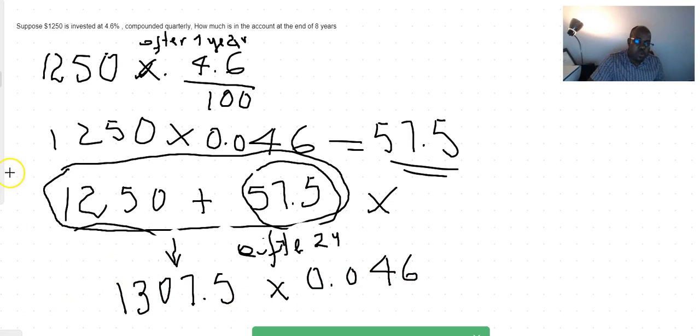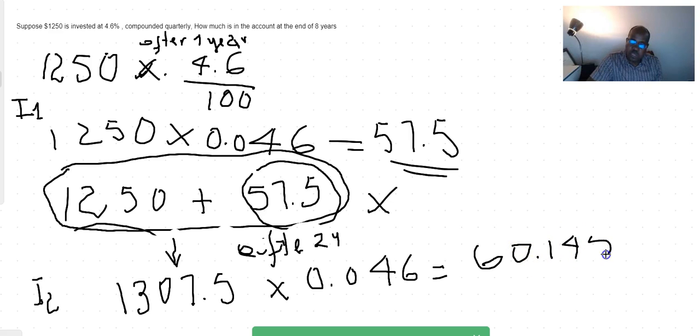Remember, if I call this I1, the interest after 1 year, this is gonna be I2, the interest after 2 years. So the interest times 0.046 is gonna give me 61.5.